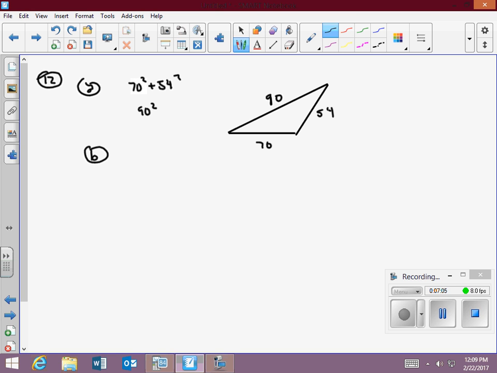And problem 11 is telling you that a triangle has sides A, B, and C where A is less than B is less than C. Consider the relationship of A squared, B squared, and C squared for each of the following questions. It says when the triangle is a right triangle, when the triangle is acute, and when it's obtuse.